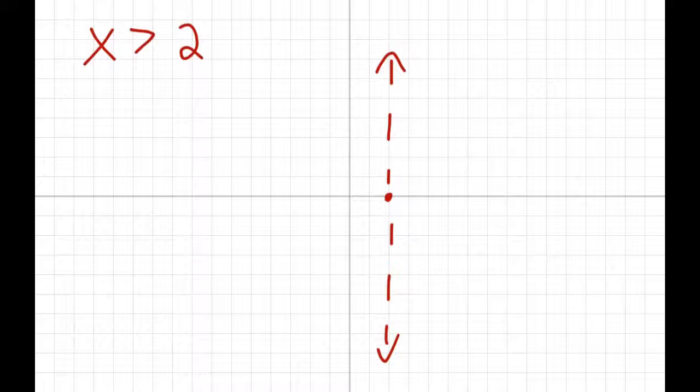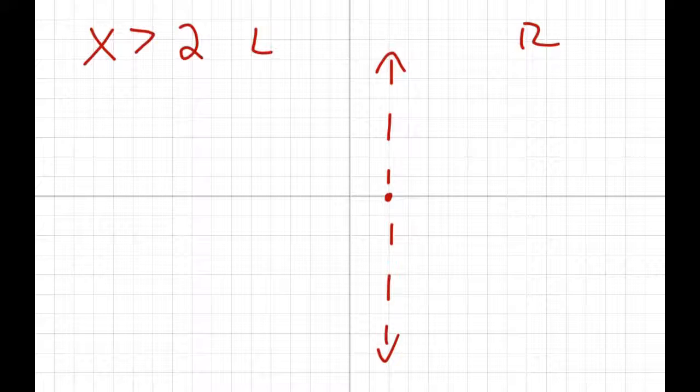And now here's where the tricky part comes in. Greater than. Well, it's a vertical line, so I can't shade above it, and I can't shade below it. So now you have to think, well, logically, if I was looking at a vertical line, what would be greater, to the right or to the left?